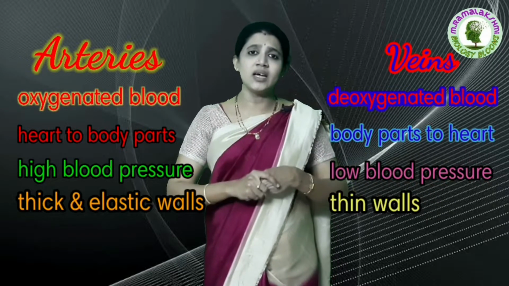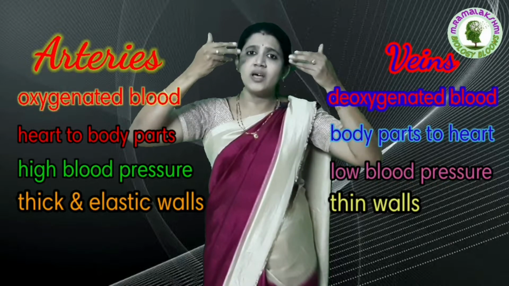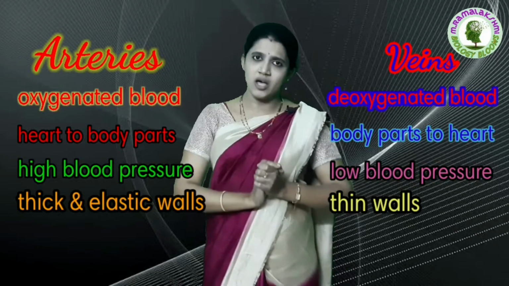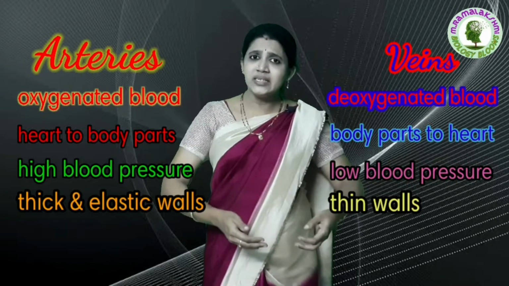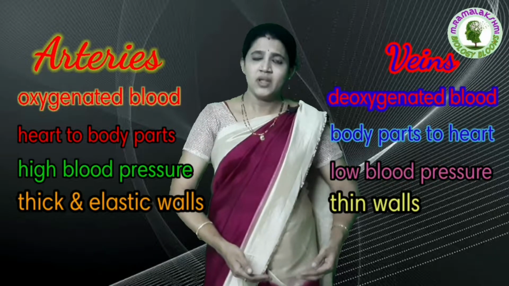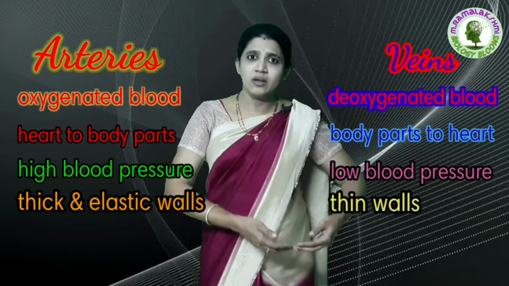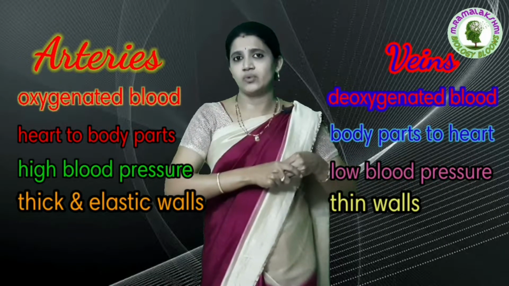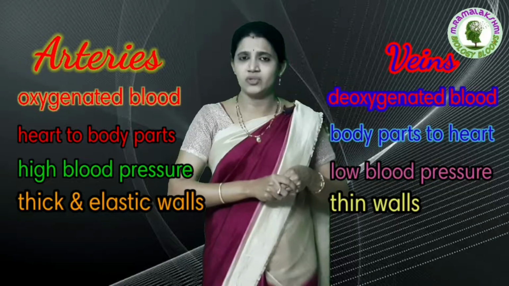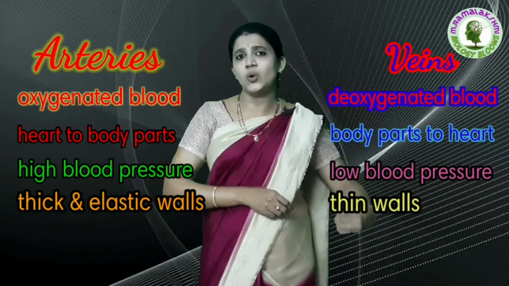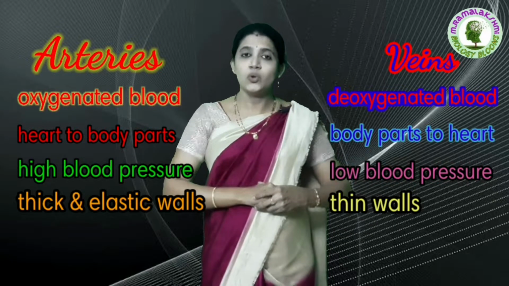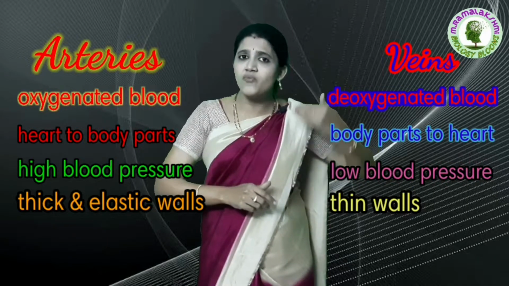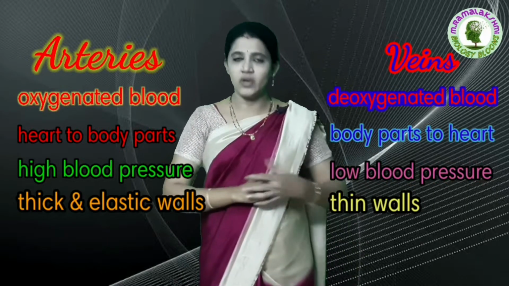The veins collect the blood from the upper body parts and the lower body parts. When the blood comes from the lower body parts into the heart, it moves against the gravitational force. But the pressure is low in the veins, so there is a chance of backflow of the blood.